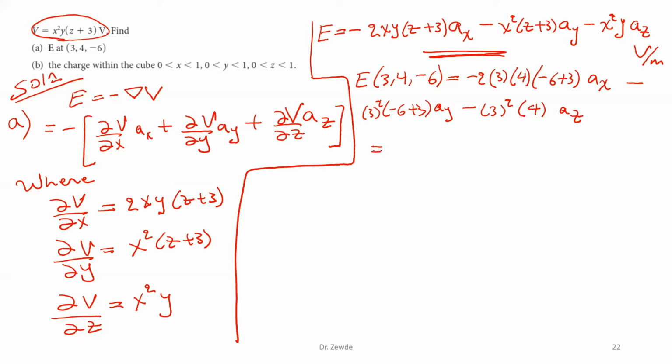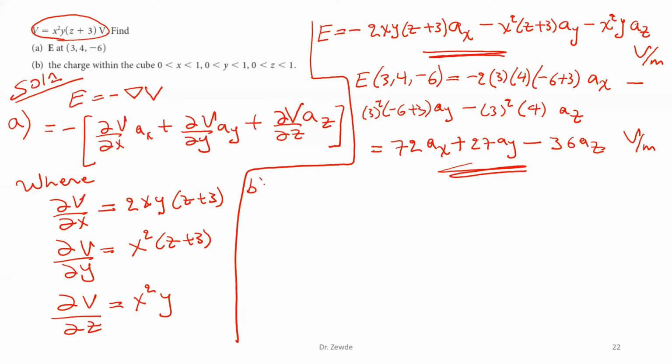So minus of minus becomes plus, and we get 3 times 9, which is 27 ay, and then minus 3 squared is 9, times 4 is 36. Again, this is volts per meter. So at that specific point, this is the electric field vector.